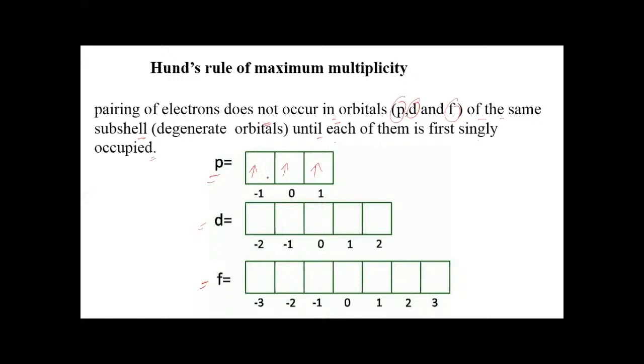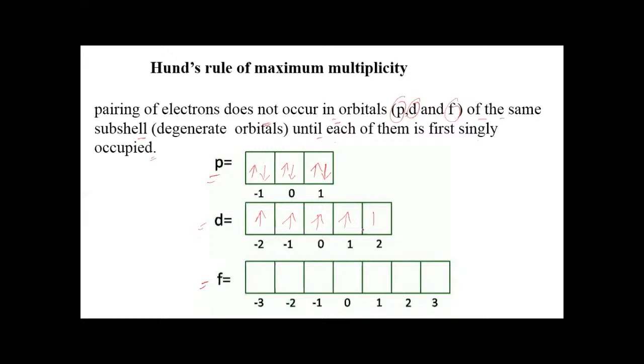Now they are singly occupied, so now pairing will take place. Here we follow 2 rules: Hund's rule as well as the Pauli exclusion principle. According to Hund's rule, each orbital must have a single electron, or be singly occupied.